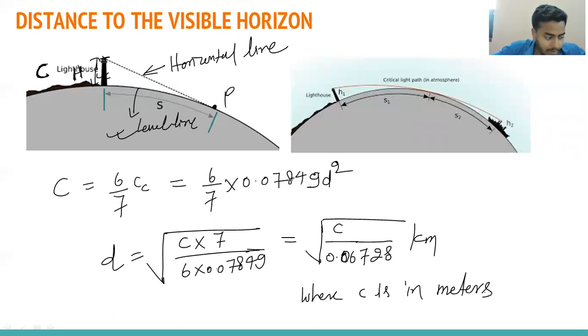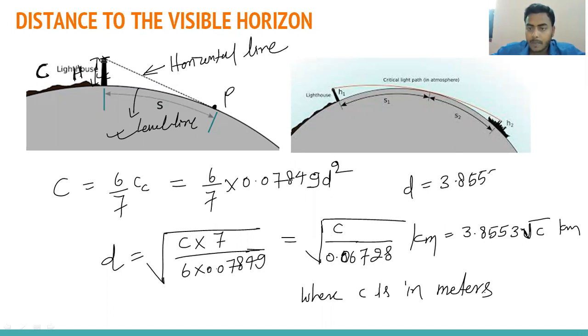So directly we can calculate, or you can take this denominator value out of this root. So you can write also 3.8553 root c kilometer. So we need the formula, we need directly this one, where this is in kilometer and this is in meter.